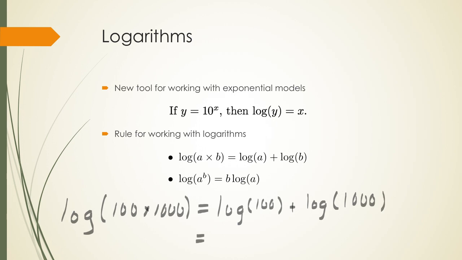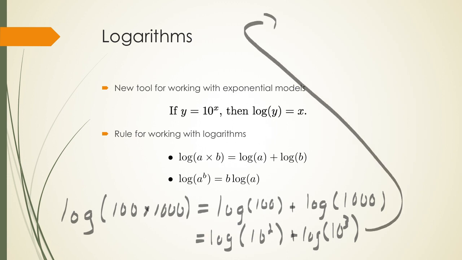I'm also going to rewrite 100 as 10 squared and 1000 as 10 cubed. The log of 10 to the second is going to be 2 times the log of 10, and the log of 10 to the third will be 3 times the log of 10 as well.